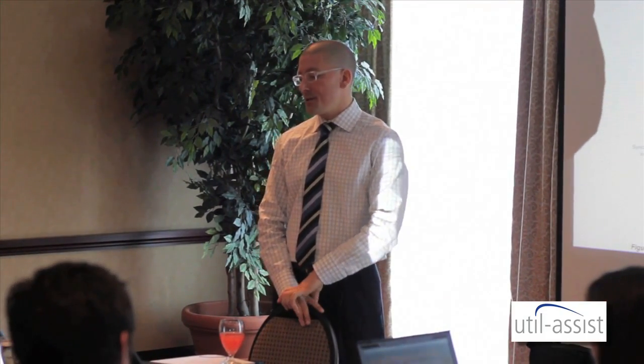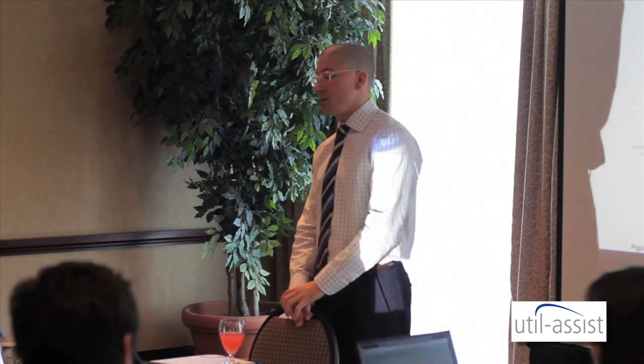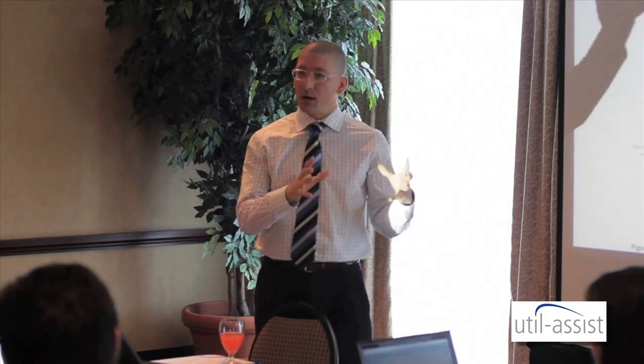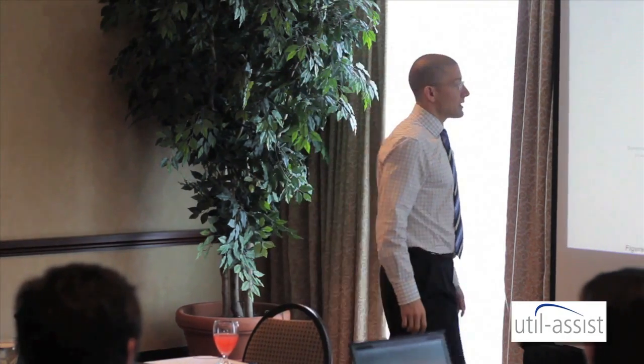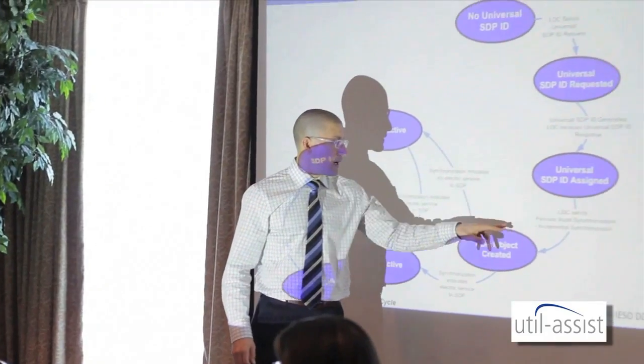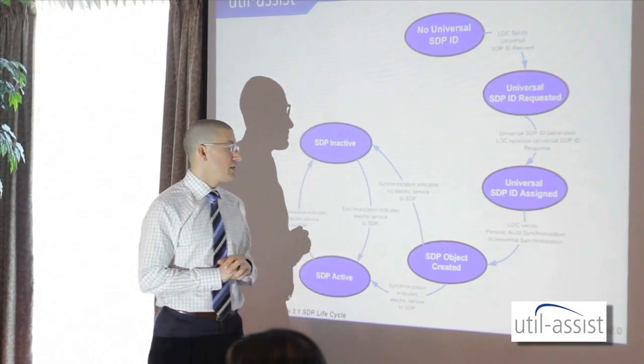So by sending in a psync file or an isync file, you tie attributes to these IDs, and now the MDMR kind of has a record of this USDP ID. That's the first time it becomes used, once you've synchronized with it. So once you've sent in an isync or a psync file, the SDP object is created in the MDMR.